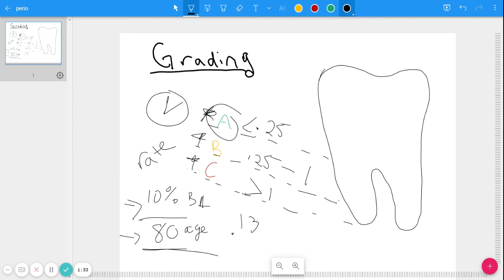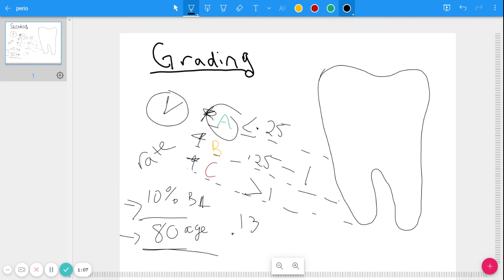If there's a complexity factor of smoking more than 10 cigarettes a day, you would have a grade C. If it's less than 10 cigarettes a day, then it would be grade B. So that's just smoking. HbA1c, if it's uncontrolled diabetes, then it would be C. If it's controlled and the HbA1c is less than 7, then you would rate them as a grade B. And if they're non-diabetic, it would be grade A.